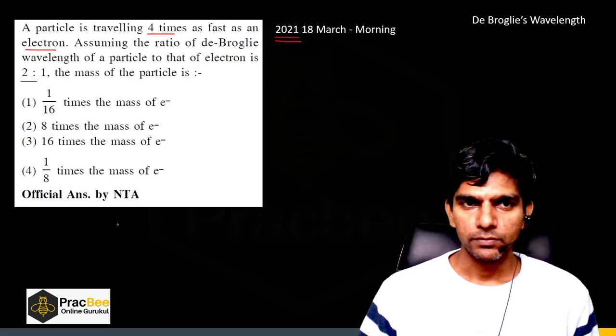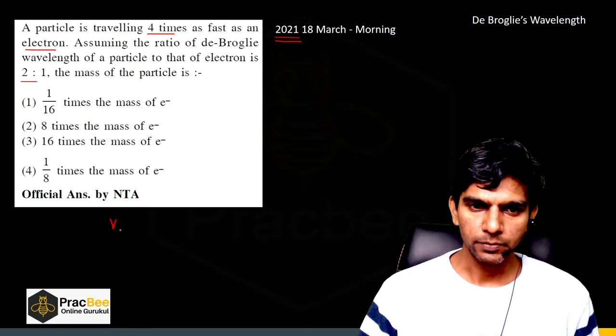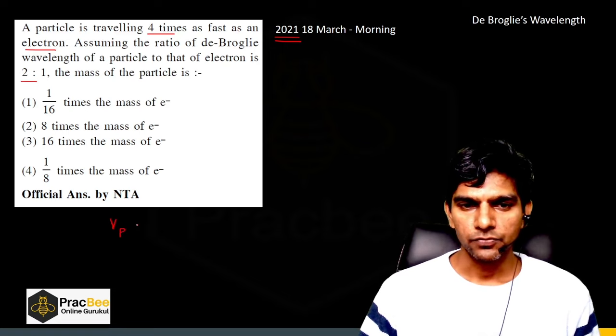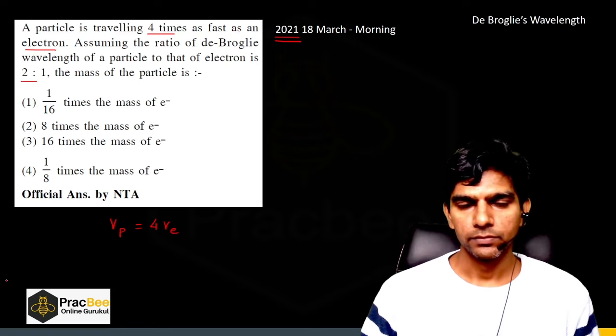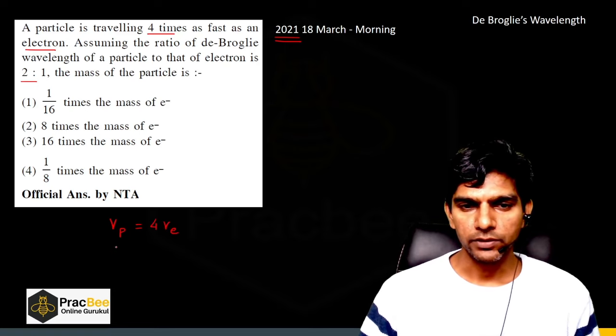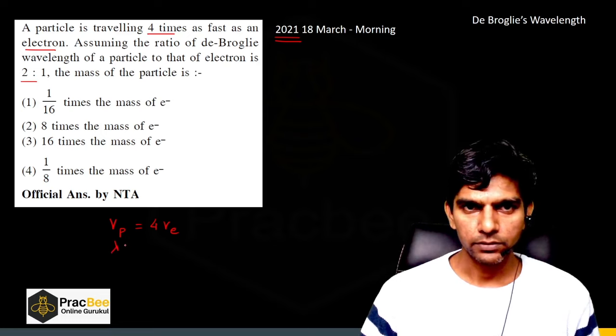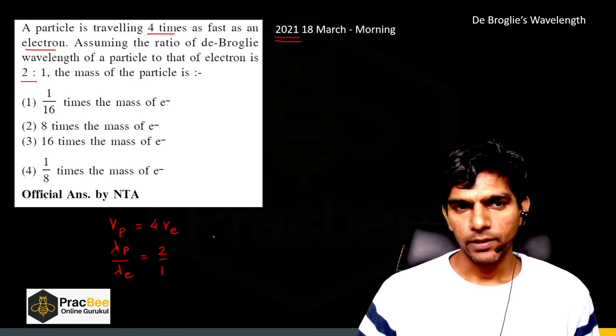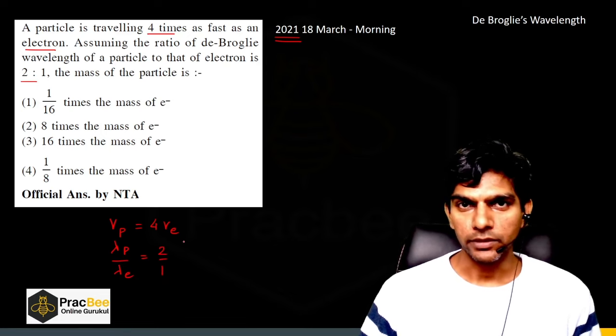So what we have given, the speed of the particle is 4 times the speed of the electron. And we have given the ratio of De Broglie wavelength of the particle to that of electron as 2:1. We need to find the relation in their masses.